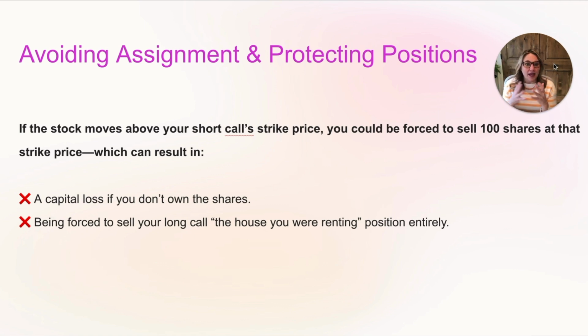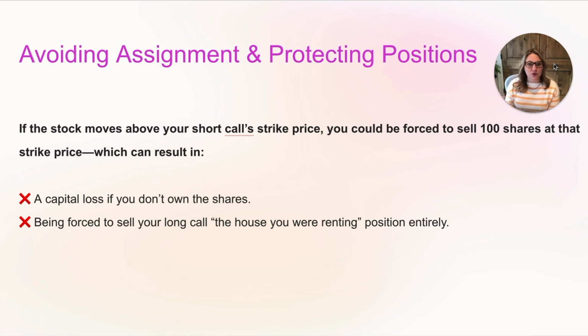But anytime that you sell a call, you are telling the other person on the other side of that trade, hey, I will sell you these shares. I'll provide these shares to you if the price of these shares goes over the strike price, okay? So anytime that they feel like exercising that when the stock price goes over the strike price, they can do that.